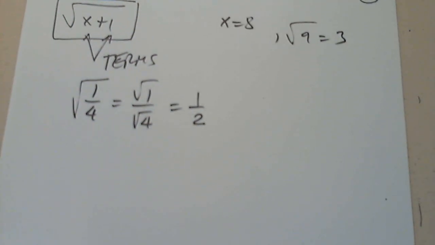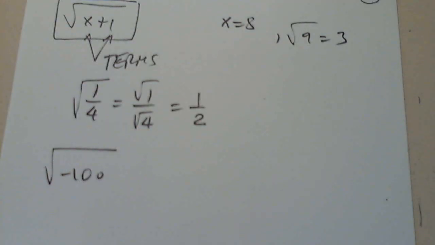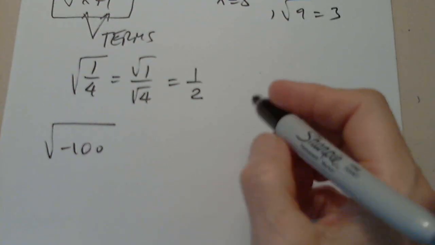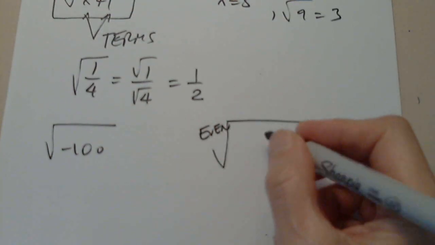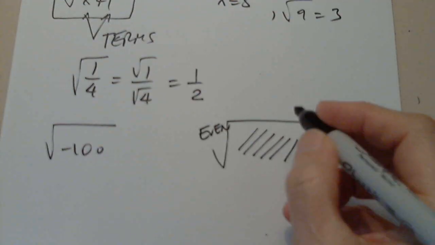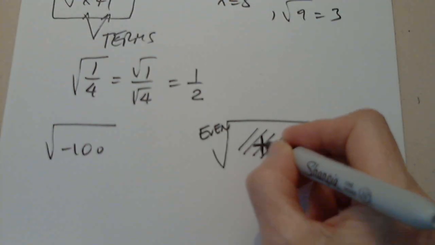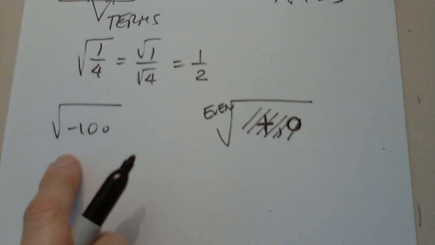Okay, here's a situation. I mentioned it last time, and I'll mention it again right here. If the index is even, this quantity can be only positive or 0. Positive or 0. Look what I have now.